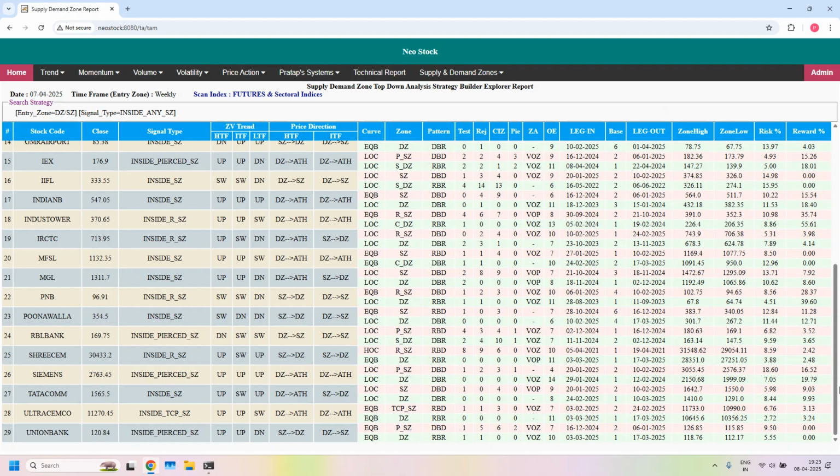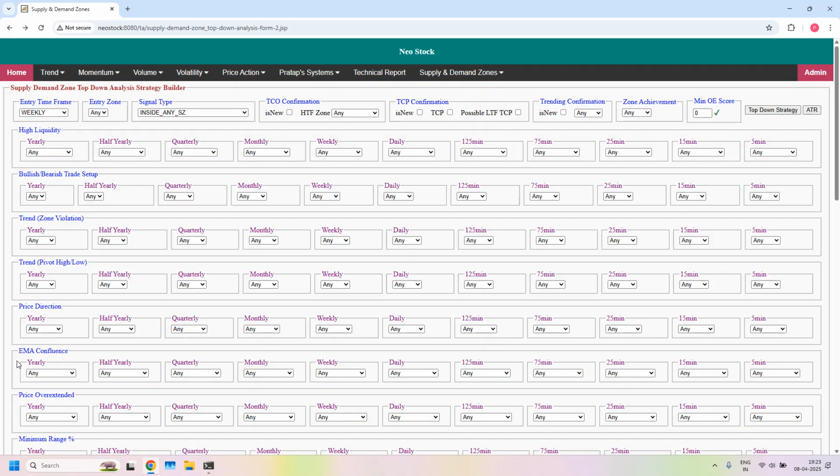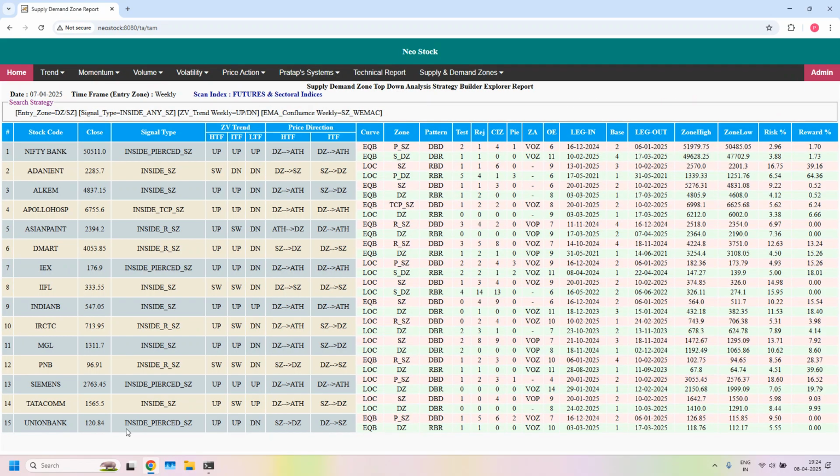We can further filter based on the EMA confluence. At weekly supply zone having weekly EMA confluence. Trend on the weekly should not be sideways. It can be up or down. We got 15 stocks. This is about weekly time frame.